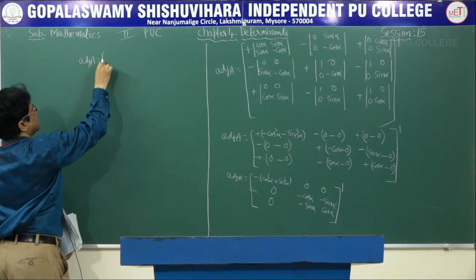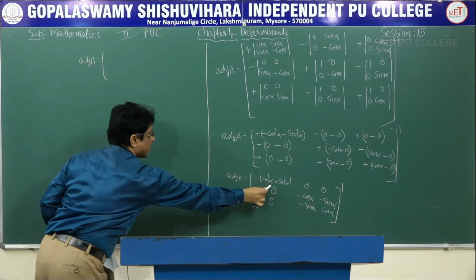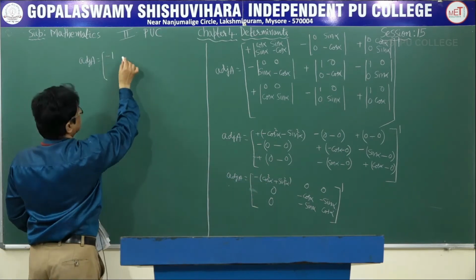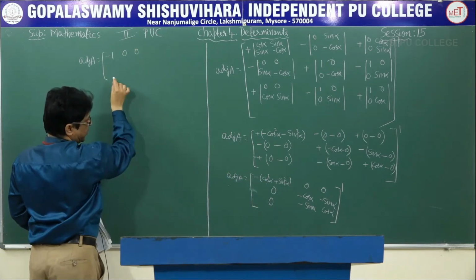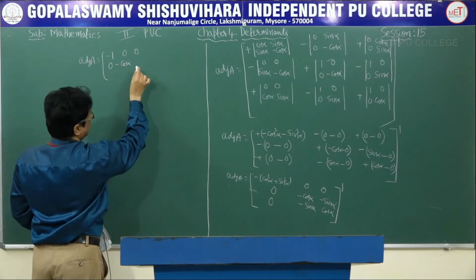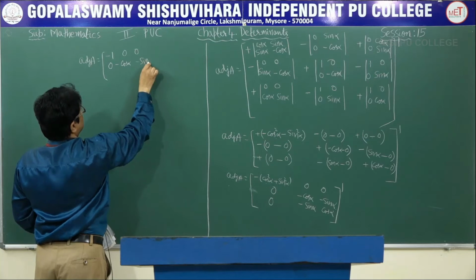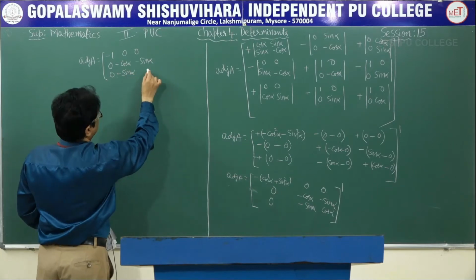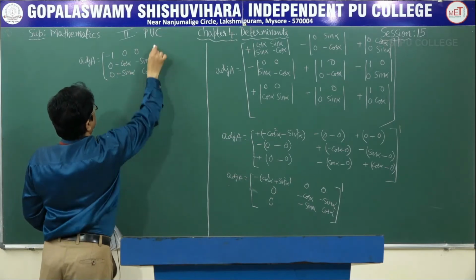So adjoint A is equal to, so cos square alpha plus sin square alpha is 1, that is minus 1, 0, 0, 0, minus cos alpha, minus sin alpha, 0, minus sin alpha, cos alpha.